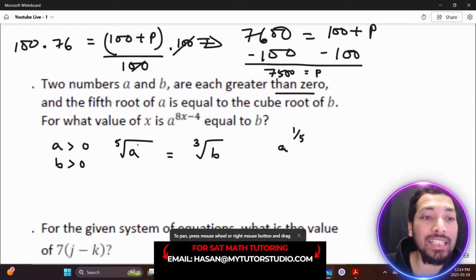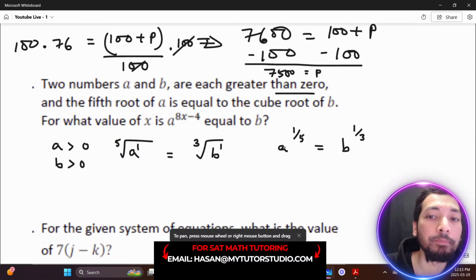So a has a power of 1 and b has a power of 1, but this root 5 will come out in the denominator, and the root 3 will come out in the denominator. So it's a to the power of 1 over 5 is equal to b to the power of 1 over 3. So this is how you write the same equation.